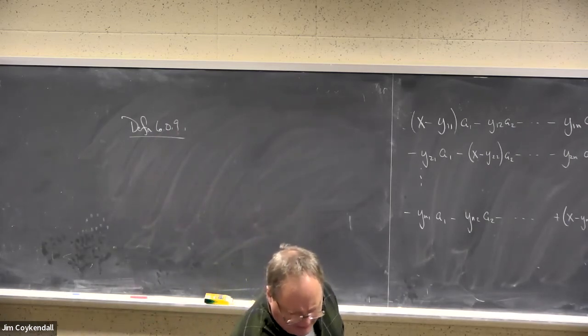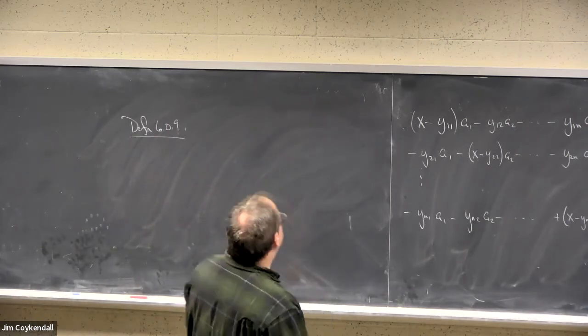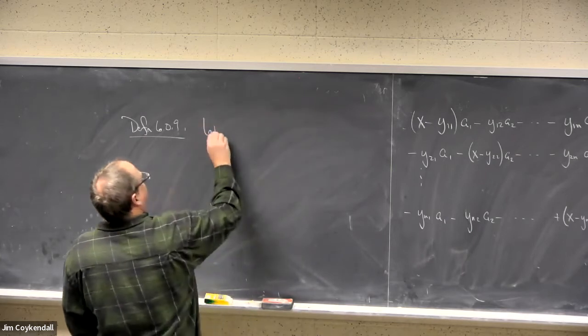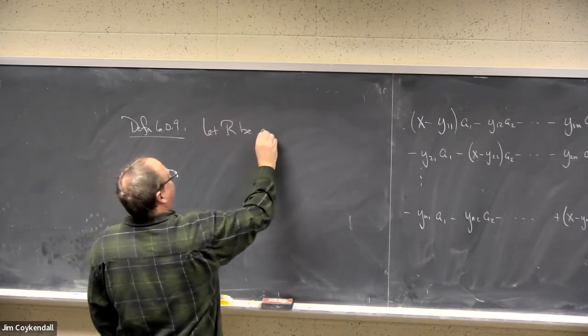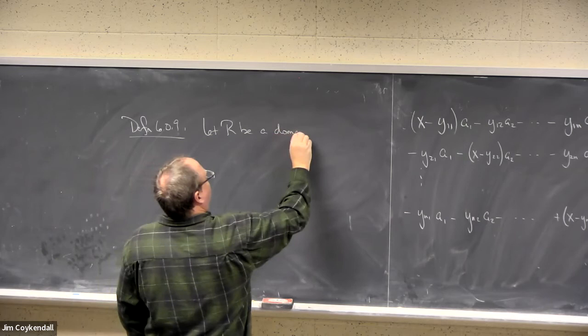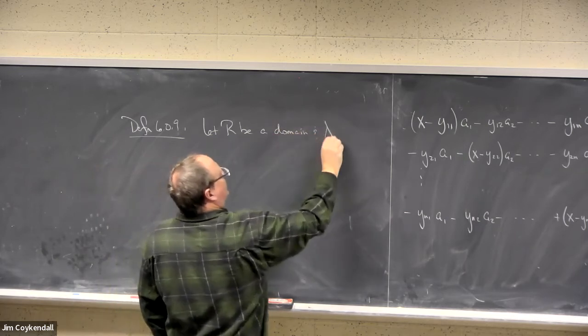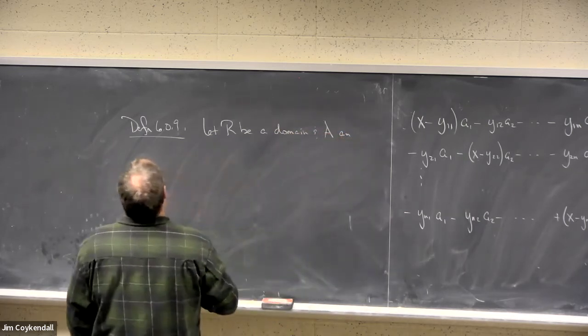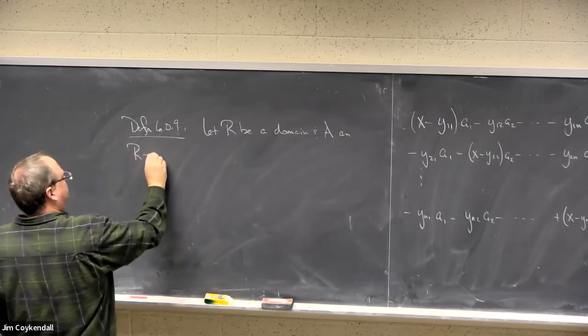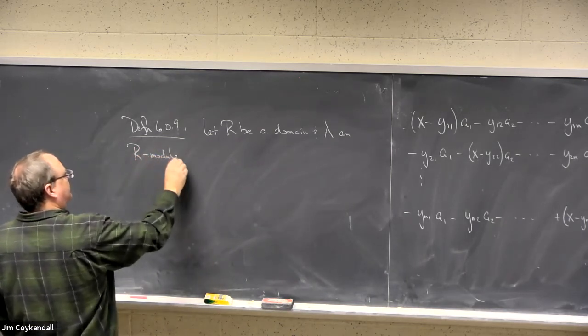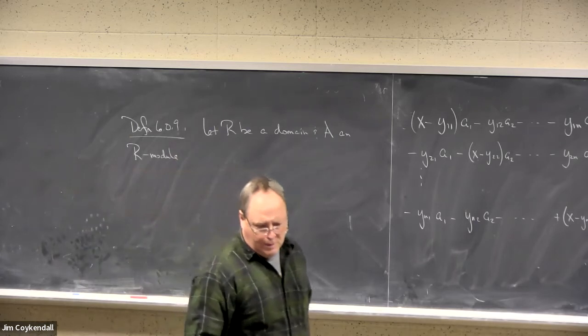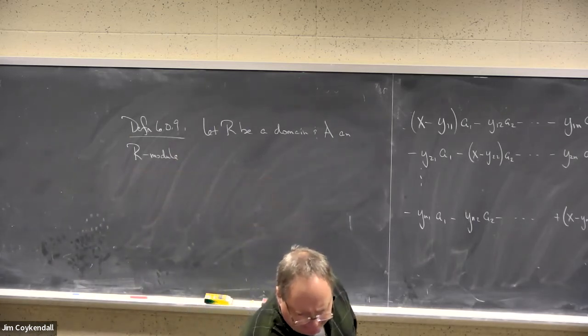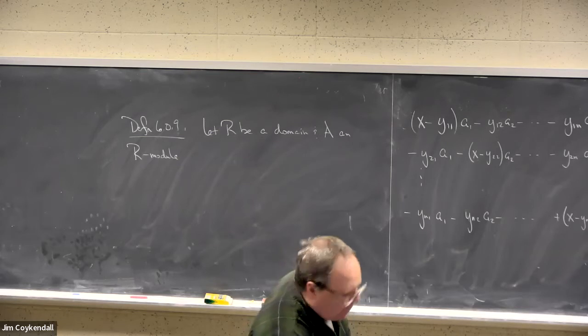Let R be a domain and A an R module. We say that A is torsion free.